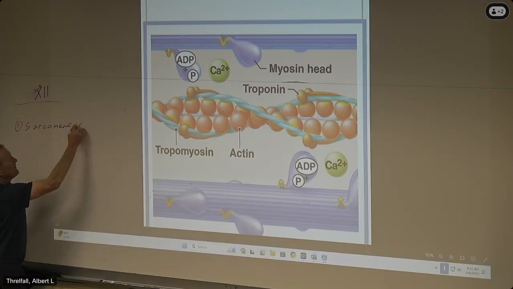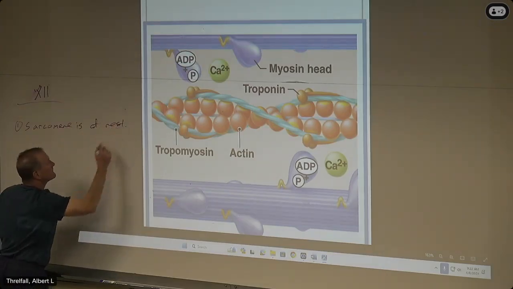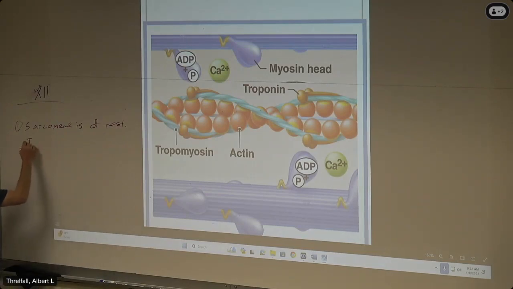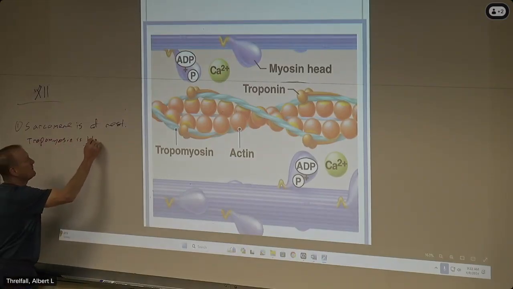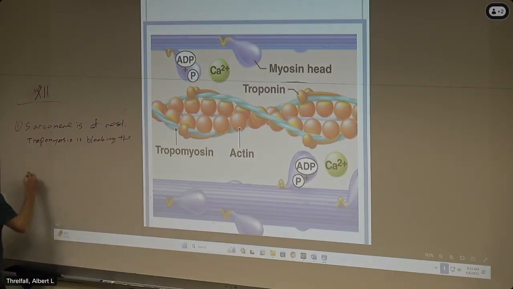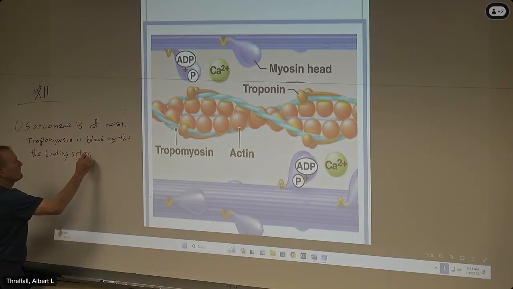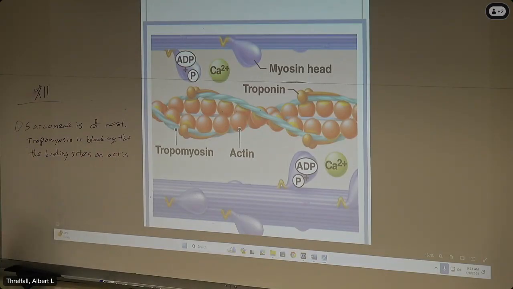The sarcomere is at rest. Myosin is blocking the binding sites on actin. See that in the picture.